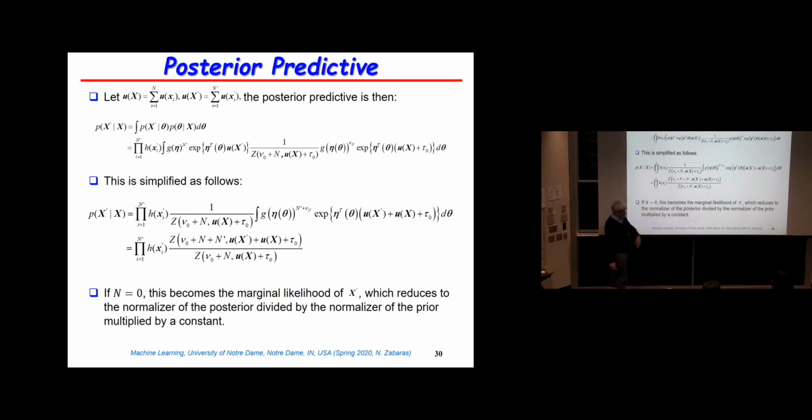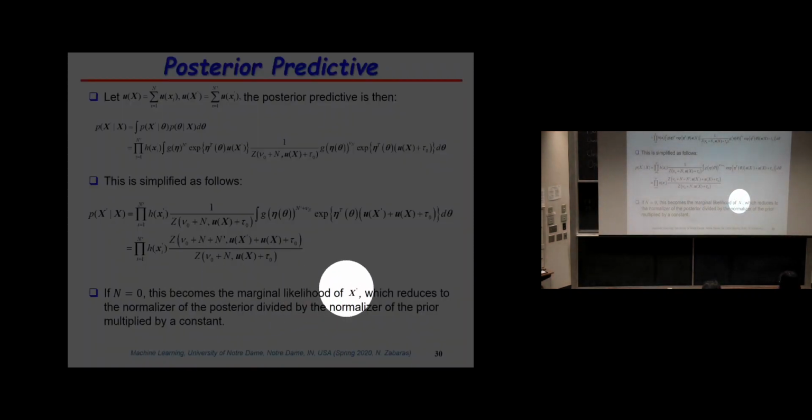If you assume that you had no data before at all, so if you take capital N to be equal to 0, then you actually define the marginal of x prime. So basically the formula that I had shown you before for the marginal, you can derive it here using this formula for n equal to 0.